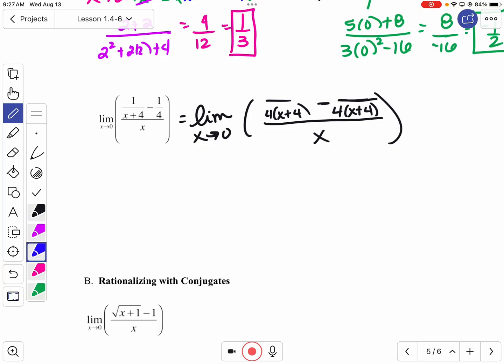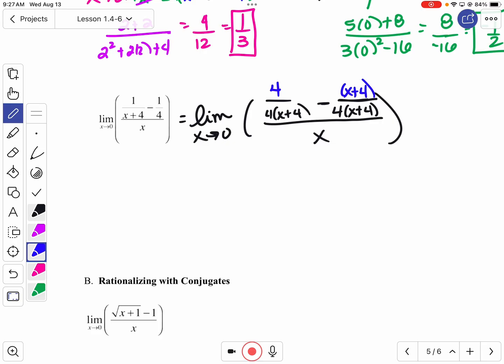In the original fraction, the first one, I had the x plus 4. What was I missing in the new denominator? Yep, I was missing the 4, so I'm going to multiply it by the 1. 4 times 1 is 4. In the second one, I had the 4, but I was missing the x plus 4. So I'm going to multiply that 1 by x plus 4.